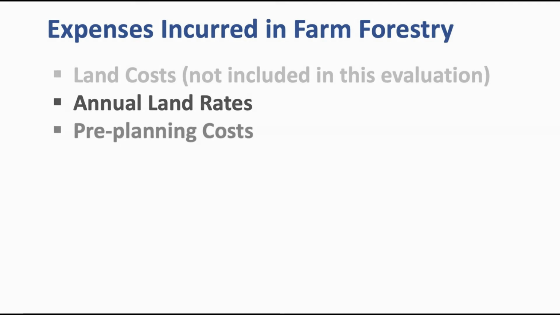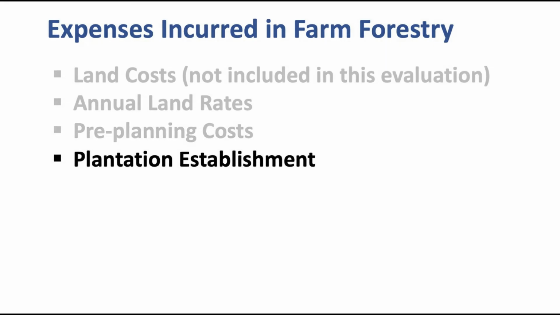More directly, there are pre-planning costs in terms of digging soil pits, checking various things as to whether the land will be a suitable plantation site. And if all that goes according to plan, then you have the cost of establishing the plantation.